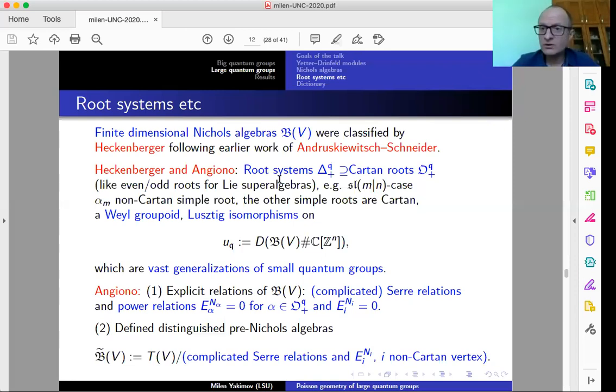So furthermore, Iván managed to come up with an explicit description of the Nichols algebra. So this is like an analog of the positive part. This is like an analog of U_q(g)^+.